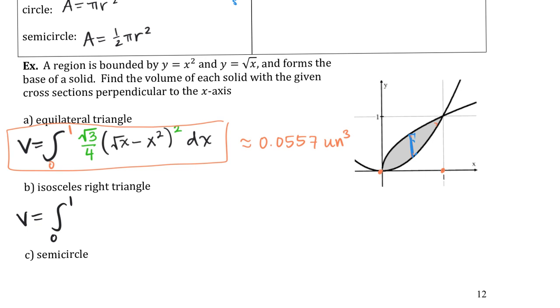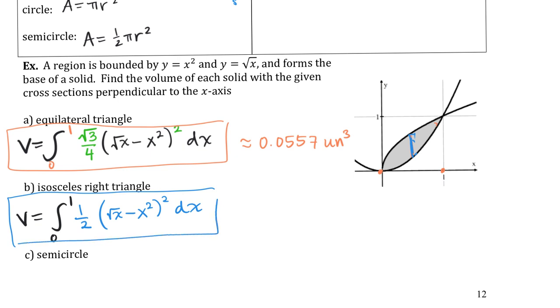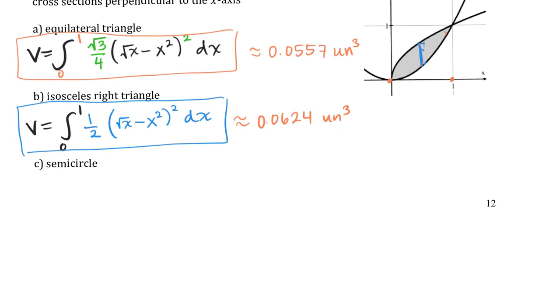The isosceles triangle is 1/2 S squared. Each of the sides is still going to be √x minus x squared, and then squared, with respect to x, so dx. That's my setup. I can't always put it in the calculator, but I will. Hold on. Okay, I got 0.0624 cubic units, which seems fairly reasonable. I have no idea.